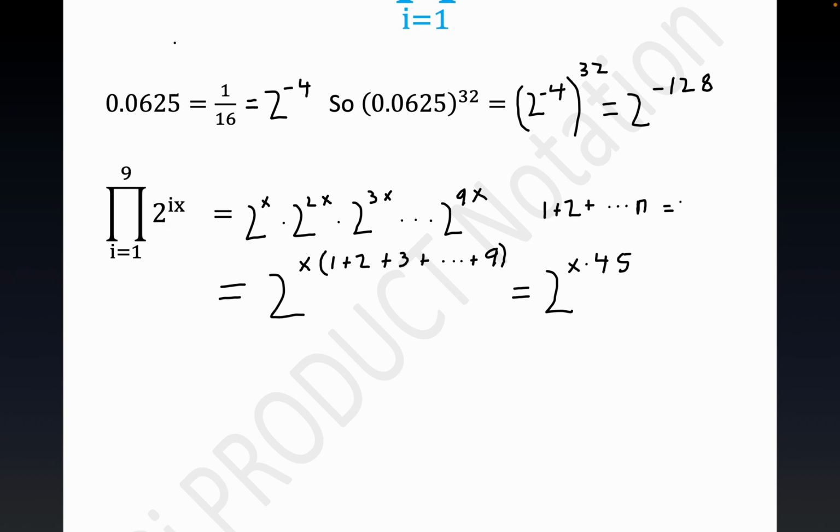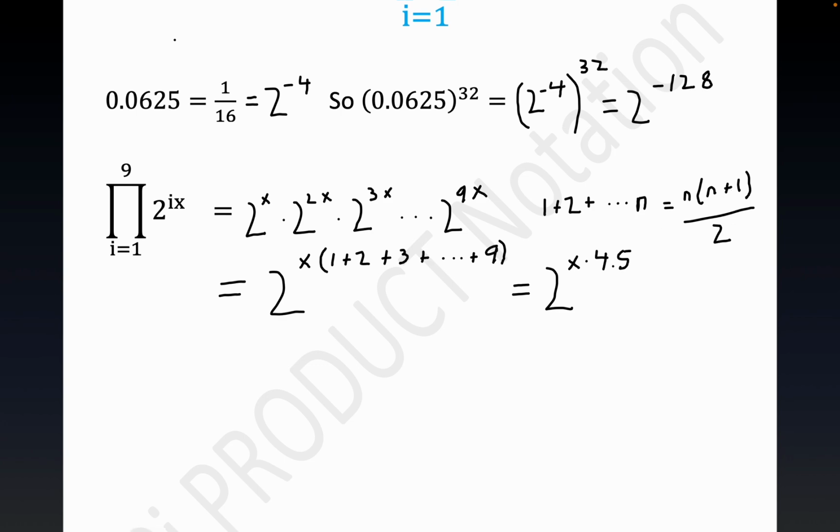You can do it in a way that doesn't even involve induction. And if you notice, that's exactly what I did right here. It's just that your n was 9, so this would be 9 times 10 over 2, which is 9 times 5, which is the 45 that you see right there.